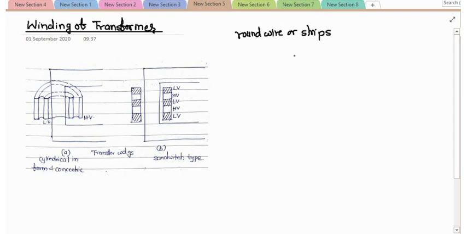These coils are then placed around the limbs of the magnetic core. The windings are basically insulated from each other and the core also, using the cylinders of insulating materials such as press boards or bakelite.